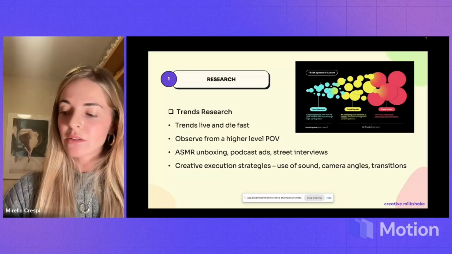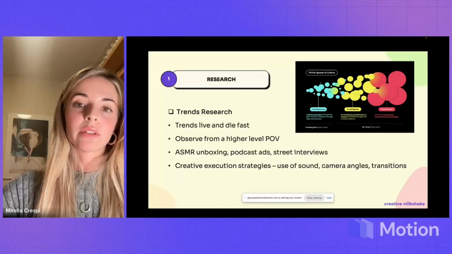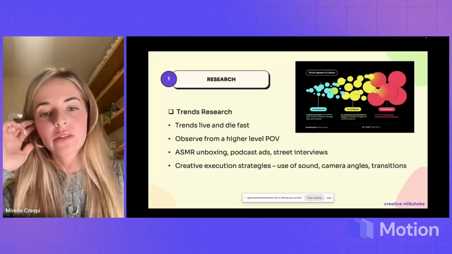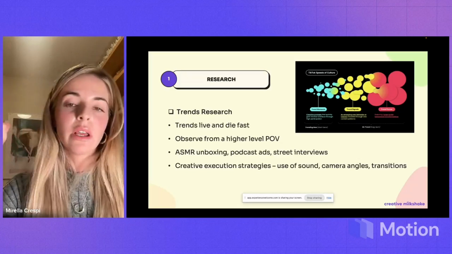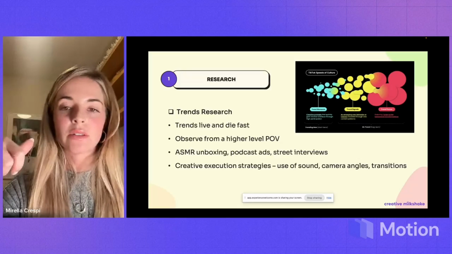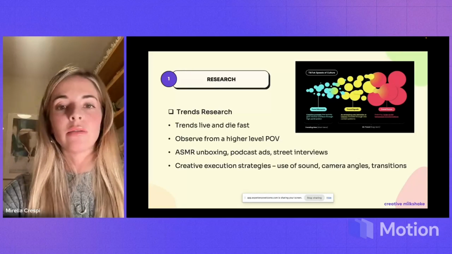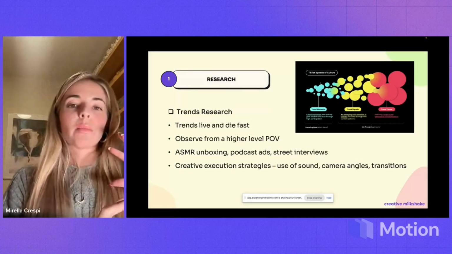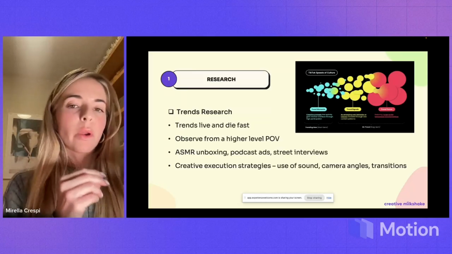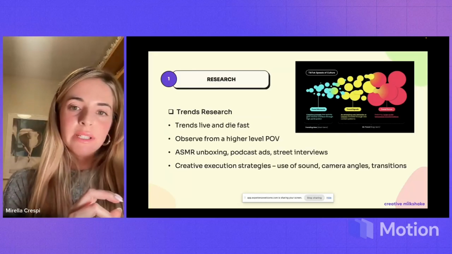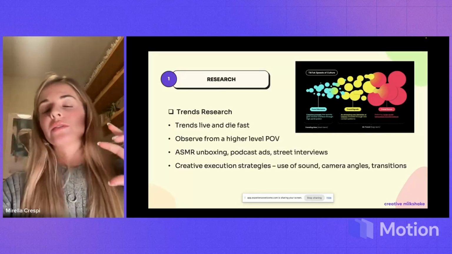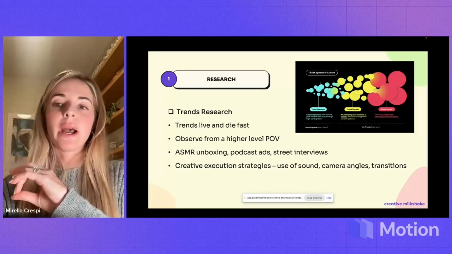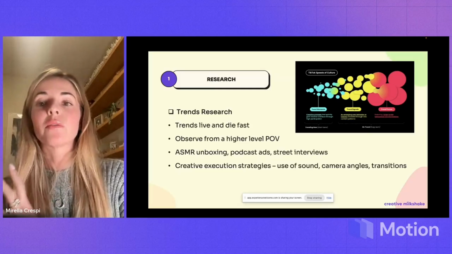TikTok is a great source to help you uncover these trends, and they have a brilliant methodology of understanding trends. So I can share a link to this report. It's an amazing report on trends for 2024, and I really like how they describe trend moments as these creative prompts that gain quick traction, that live and die fast, but then they evolve to become trend signals, which become these new content patterns, and then eventually become trend forces.